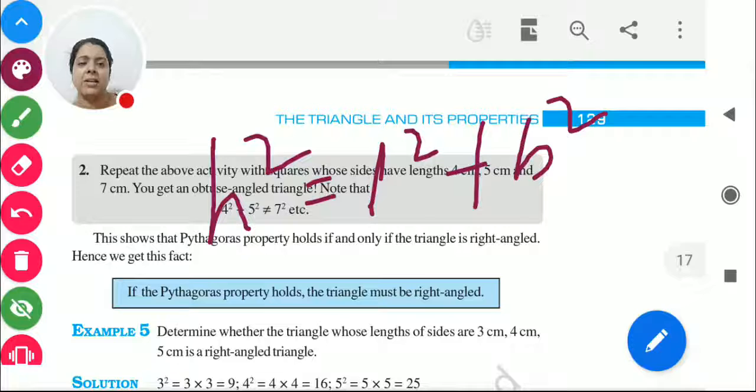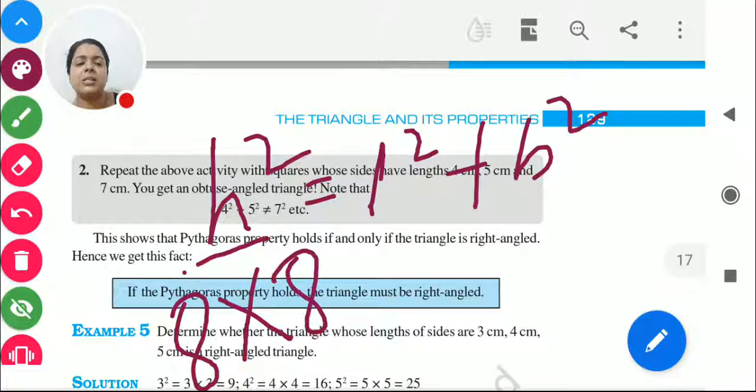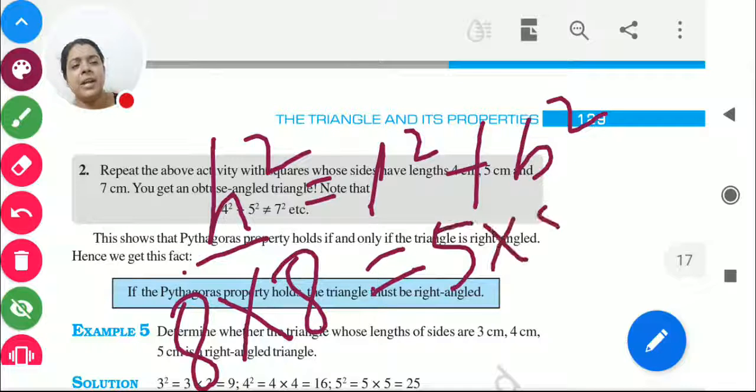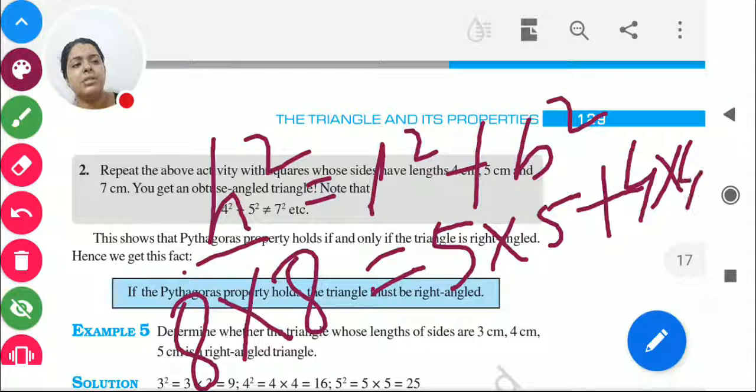H is 8, so 8 into 8. L is equal to 5, so 5 into 5, plus B is equal to 4, so 4 into 4, because it is B square.